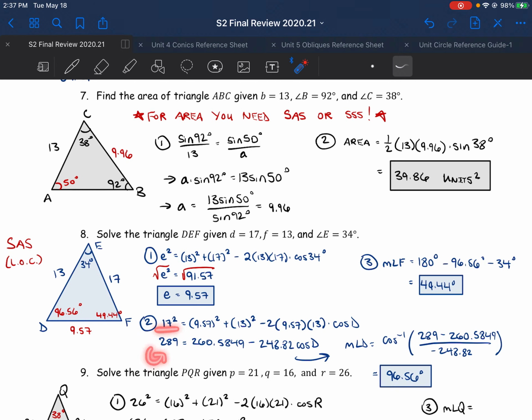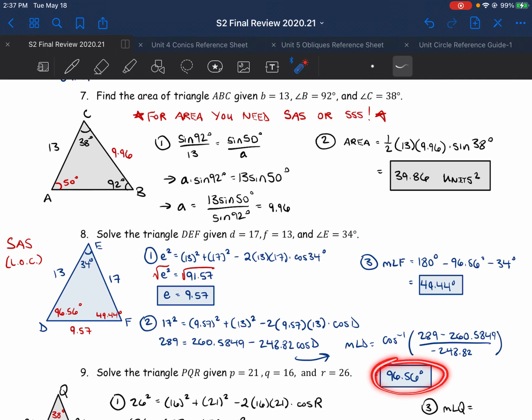17 squared is 289. 9.57 squared plus 13 squared is this 260.5849. And this negative 2 times 9.57 times 13 is this negative 248.82. Rearranging the pieces, subtract this over to the other side, divide both sides by negative 248.82, and then to get angle D by itself, we have to take the inverse cosine to remove this cosine.